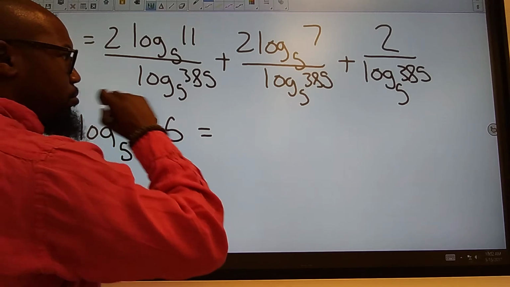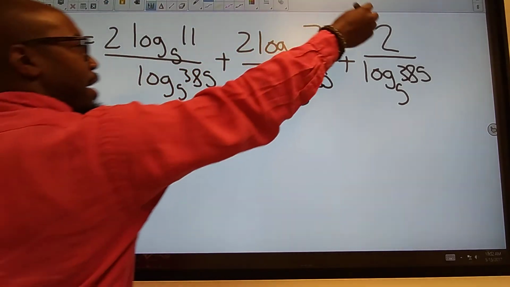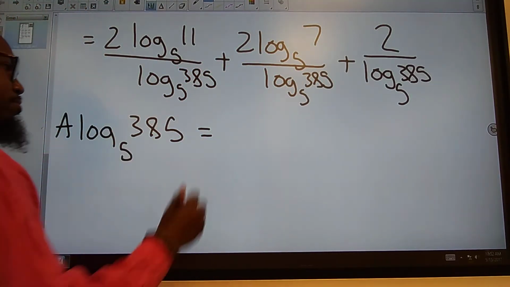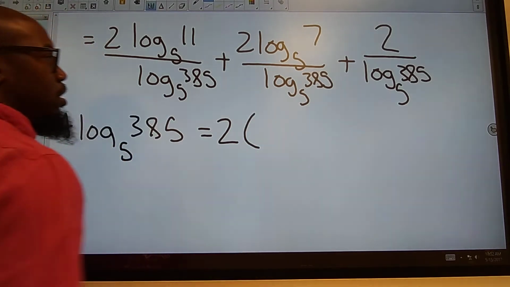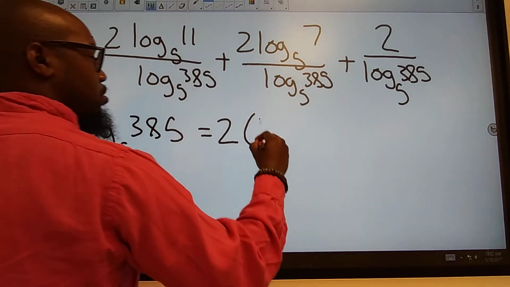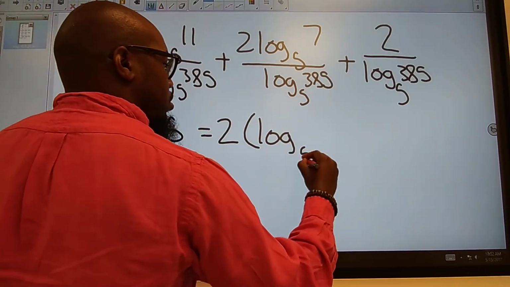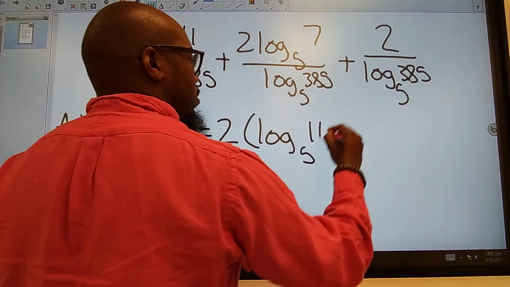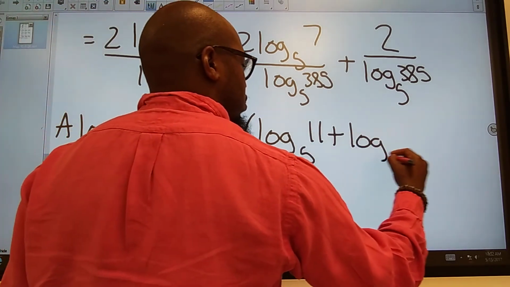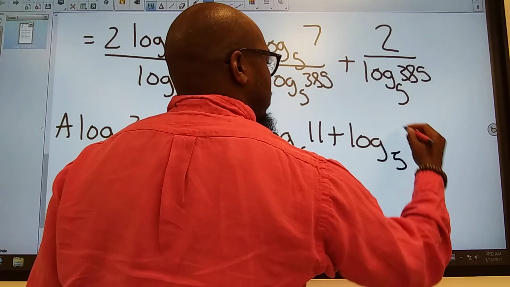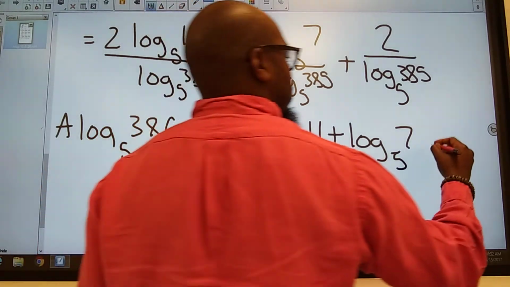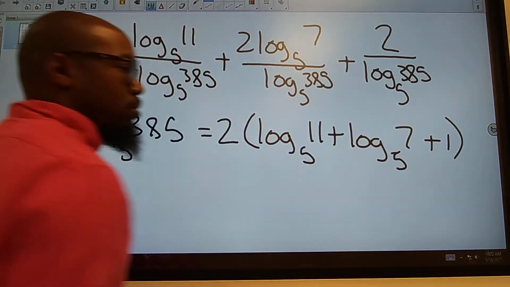Equals, I have a 2 here, a 2 here, and a 2 there, so I can factor the 2 out. And I'm left with just log base 5 of 11 plus log base 5 of 7, okay, plus 1.